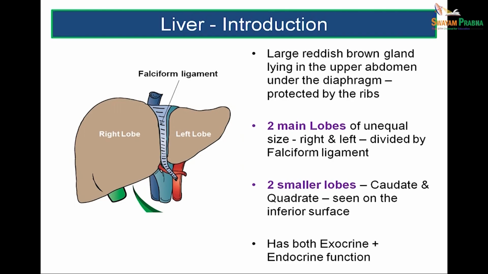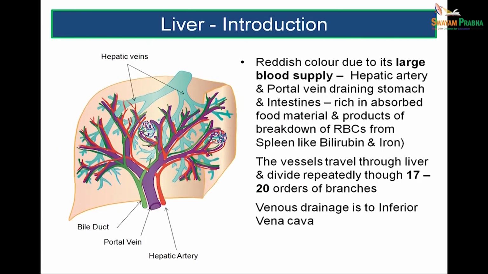And if you look at the undersurface of the liver, you can see another two lobes, namely the caudate and quadrate lobes. The liver is a gland having both exocrine as well as endocrine functions. If you look at the color of the liver, we say reddish brown because it has a large amount of blood circulating through it at any given time.